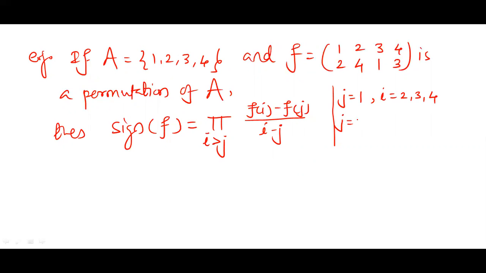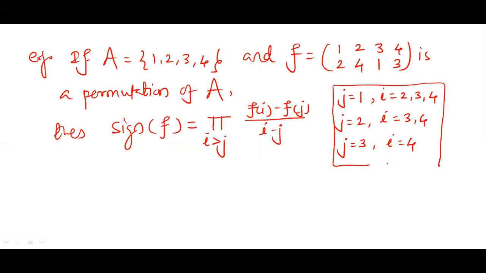If j is equal to 2, we have to take i as 3 and 4. If j is equal to 3, we have to take i as 4. We can't take j is equal to 4.